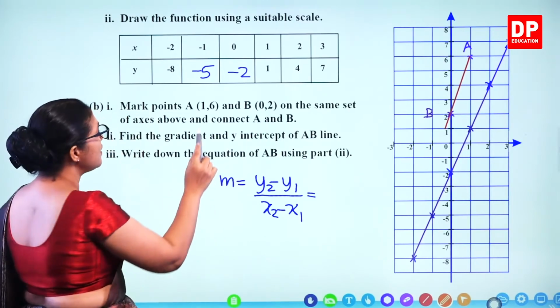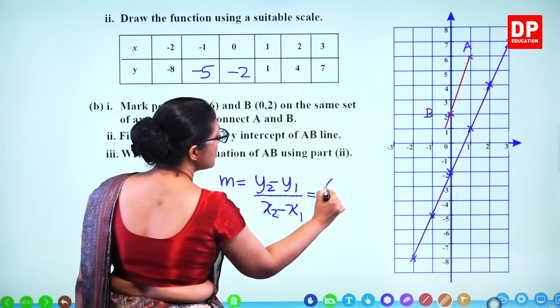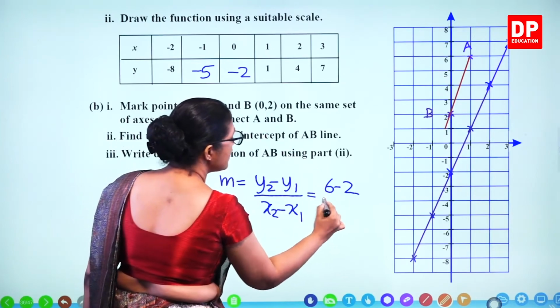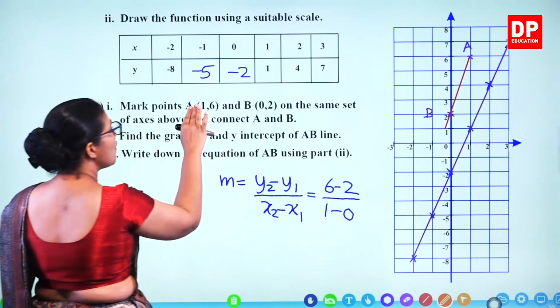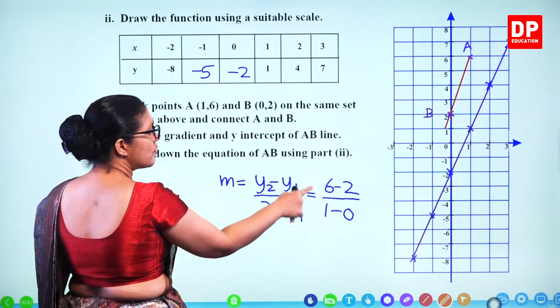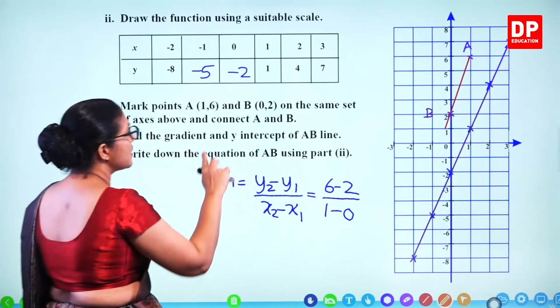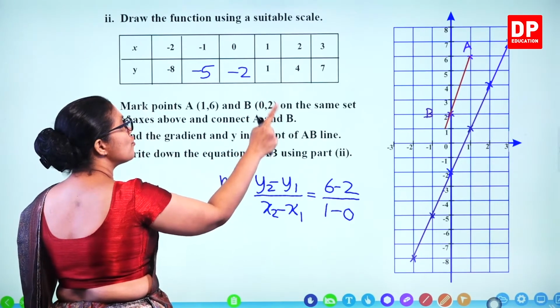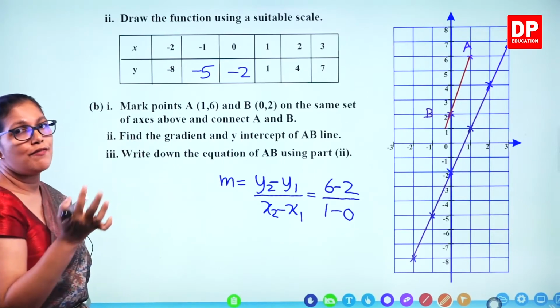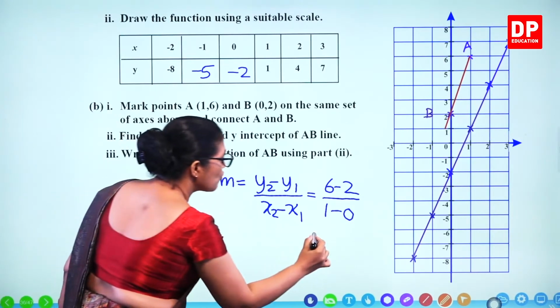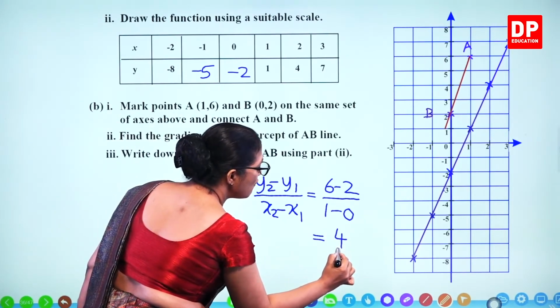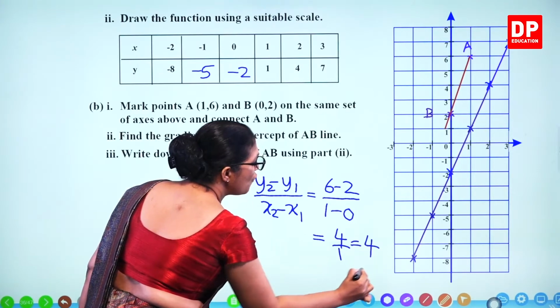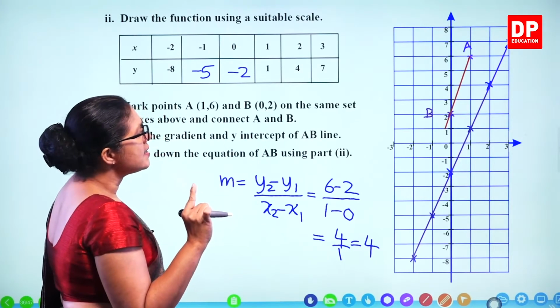So you can take the difference. 6 minus 2 over 1 minus 0. If you take this one first, you have to start both the numbers from that. If you start here, then you have to do 2 minus 6. But the final answer is the same. So 6 minus 2 is 4. 4 divided by 1, that's 4. So the gradient is 4.